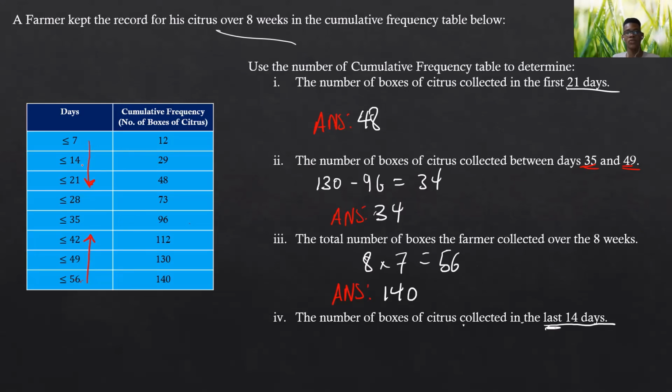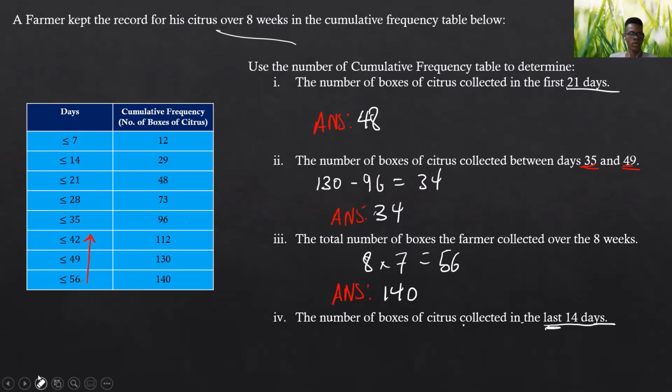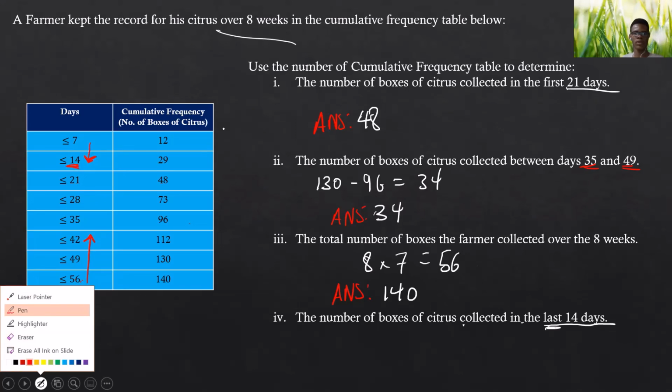Don't just look at the number, it's 14 days. Actually, you do need to look at the number here, 14 days. But it's not the first 14 days, you're looking at the last 14 days, and that is between days 42 and 56.